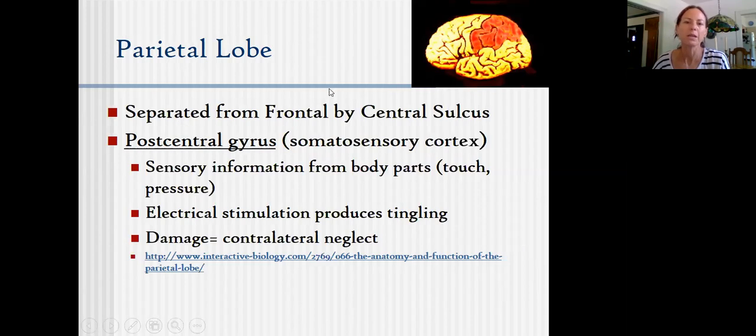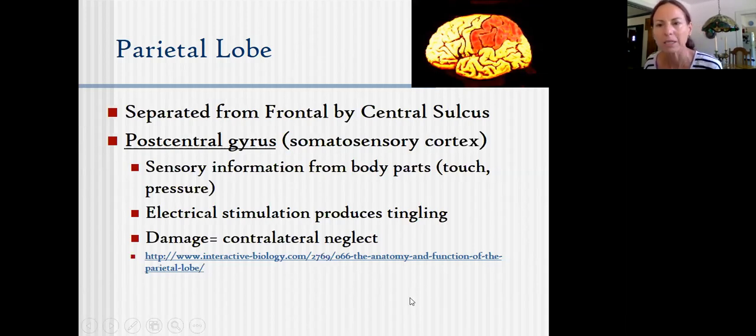The parietal lobe is separated from the frontal lobe by the central sulcus, an important navigating point in the brain, because there are two gyri there called the precentral gyrus and the postcentral gyrus.